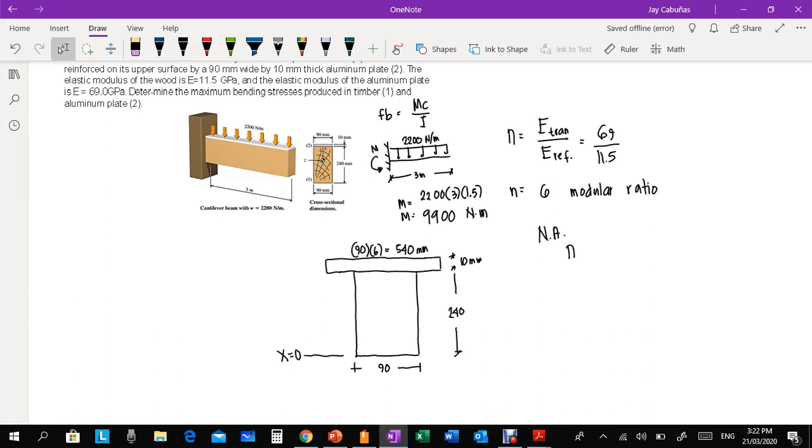Also itong area total is equal to 540 times 10 plus 240 times 90. That is equal to what? 27,000. The unit is mm squared.